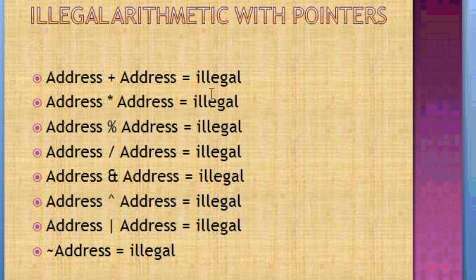That is valid. But when int star p is holding some address, int star q is holding an address, and I want star p plus star q, I am talking about address with address. So address with address is an illegal operation. We cannot have arithmetic operations on addresses. We can have arithmetic operations on variables only.